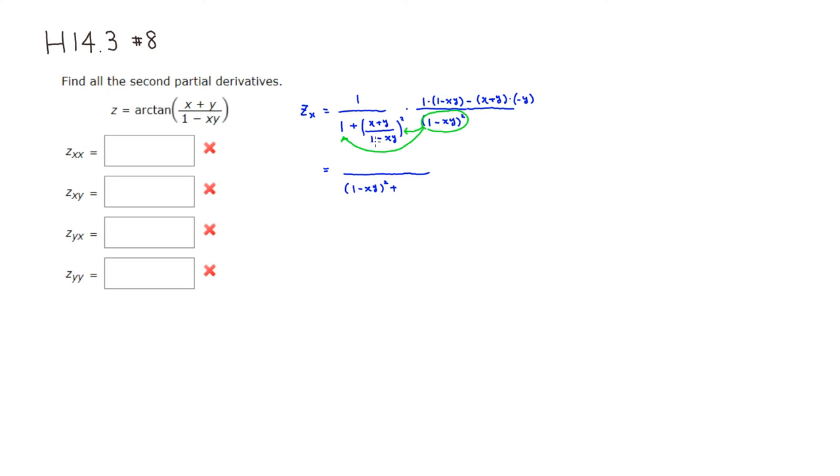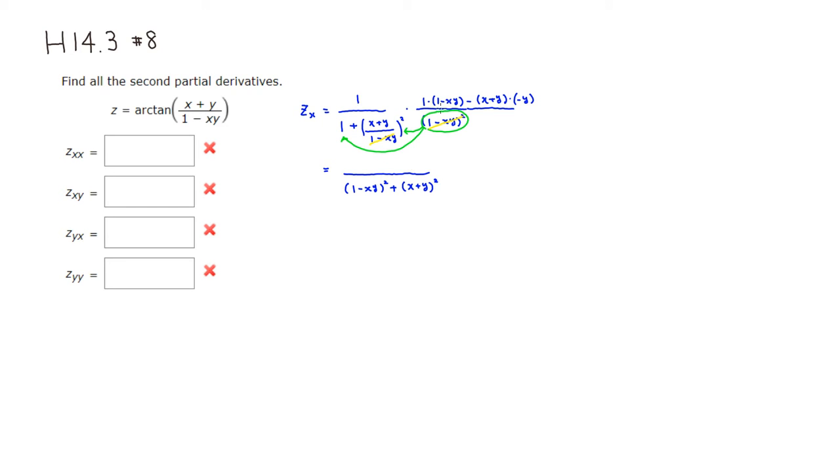So you can see that you have (1 minus xy) squared, and you have the same thing. So they basically cancel out. So this guy cancels with that guy. So we get just a numerator, which is (x plus y) squared, right?